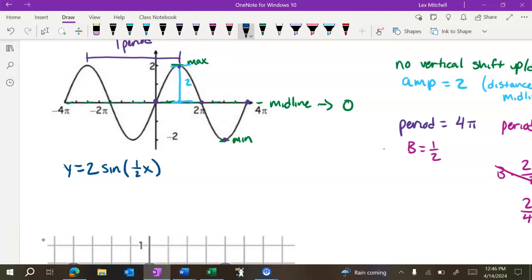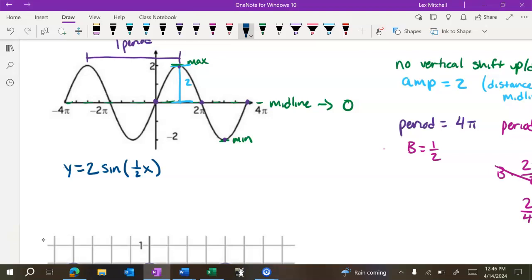So you can put a plus 0 at the end, but you don't need to. So that would be my sine equation, right? No phase shift.